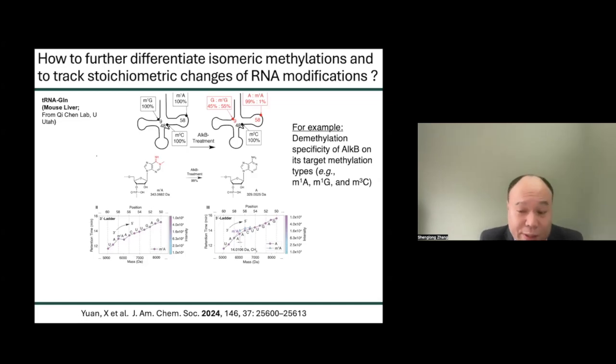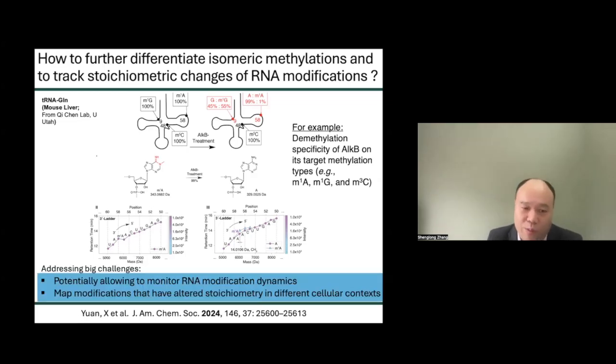So with this capacity, we can help to address a bigger challenge right now in the field, potentially allowing us to monitor the dynamics of RNA modification or even the dynamics of RNA. This could help us to map modifications that change stoichiometry in different cellular or disease conditions.